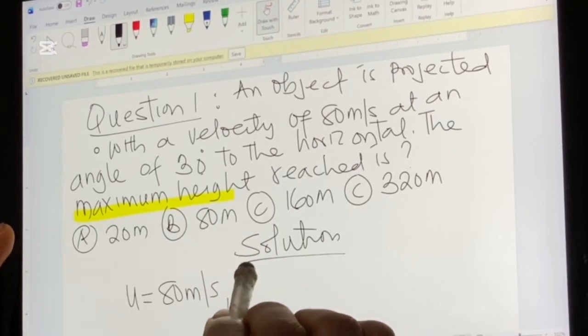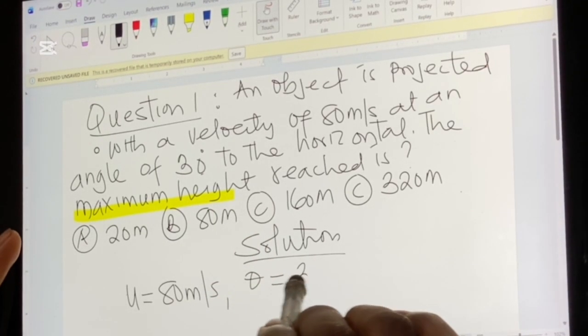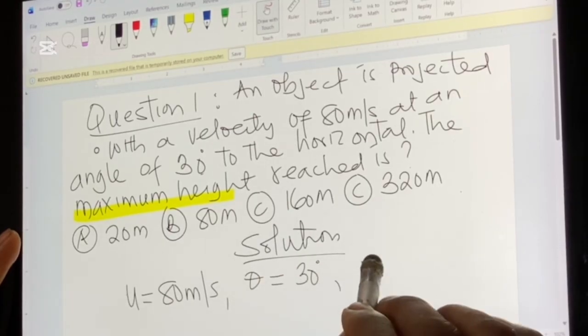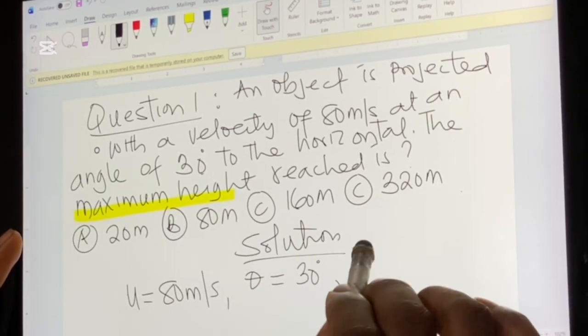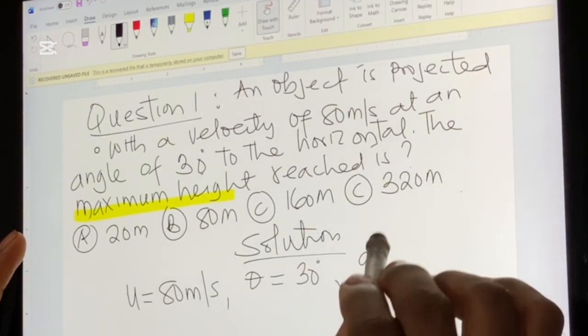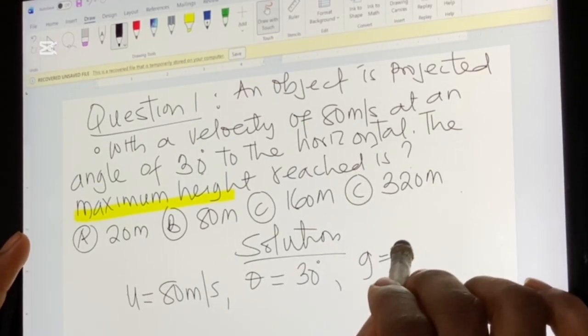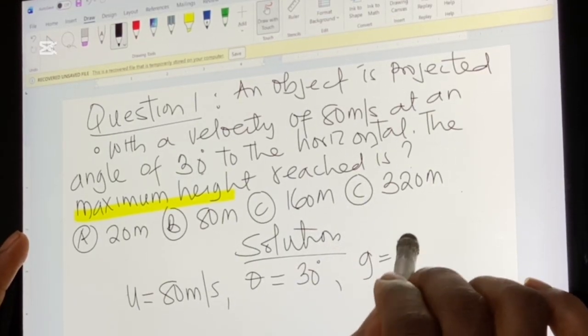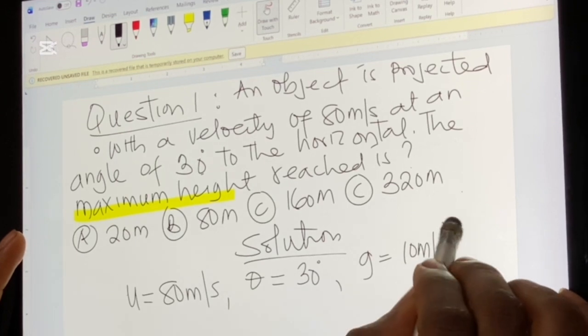The angle theta is given as 30 degrees, and g, which is a constant value. Since it's not given to us here, we use the approximated one, which is 10 meters per second squared.